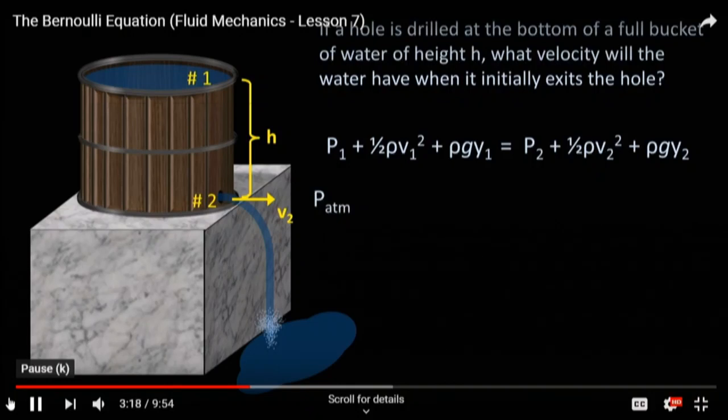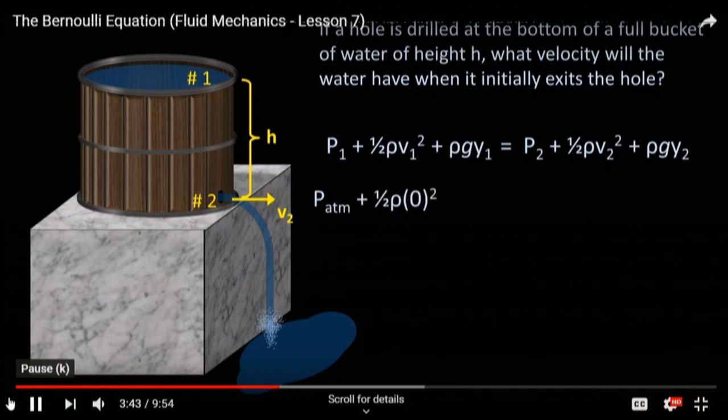By the continuity equation, the velocity times cross-sectional area at point 1 must equal the velocity times cross-sectional area at point 2. However, if we assume that the cross-sectional area of the entire barrel is much, much larger than that of the hole, the velocity at point 1, that is how fast the water line is moving down, is very, very small, and for practical purposes can be assumed to be 0.